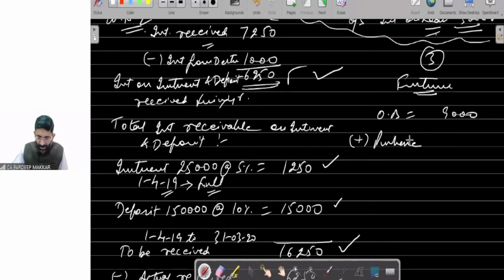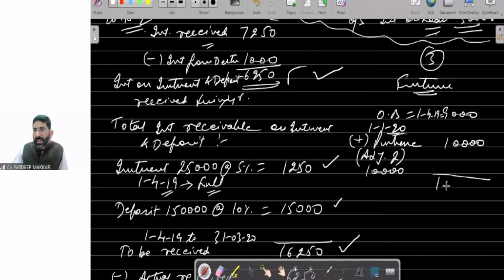When it is purchased, see adjustment number second. In that it is given that furniture was purchased worth rupees 10,000 during the year, it was purchased on 1st of January 2020, this opening balance was on 1st of April 19, so we have purchased it for rupees 10,000, it will be added to the furniture, so the total furniture will be worth rupees 19,000 now. Now how to get the depreciation, beta?